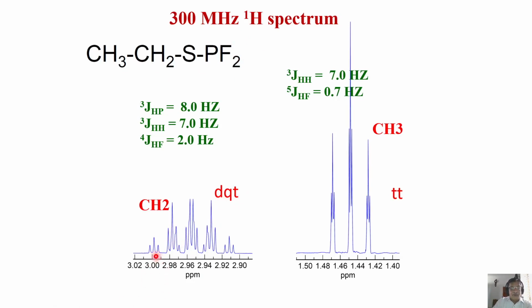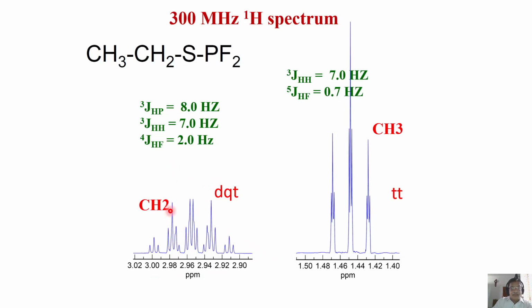You can see 1, 3, 3, 1, a quartet, 1, 3, 3, 1, another quartet, two quartets. And center of this quartet to center of this quartet corresponds to the doublet. And each of these lines is a triplet. See, with many overlaps, you are not seeing all the lines carefully, but you can understand easily.